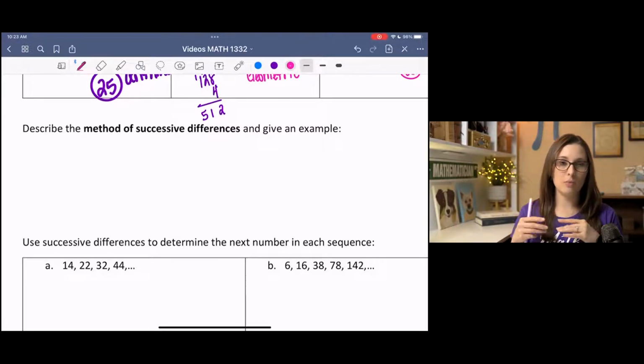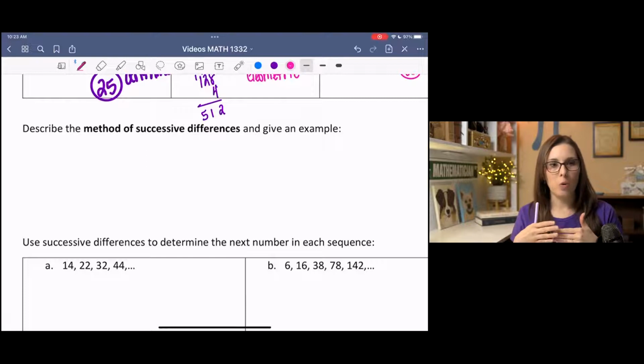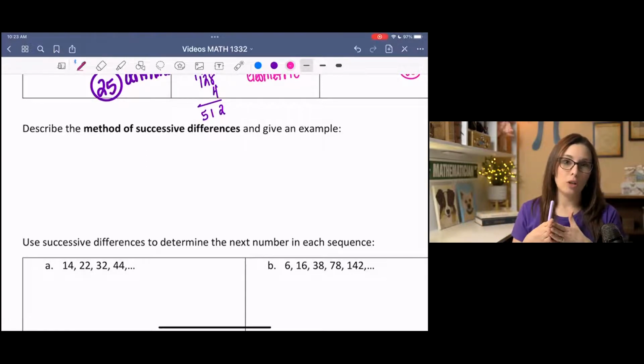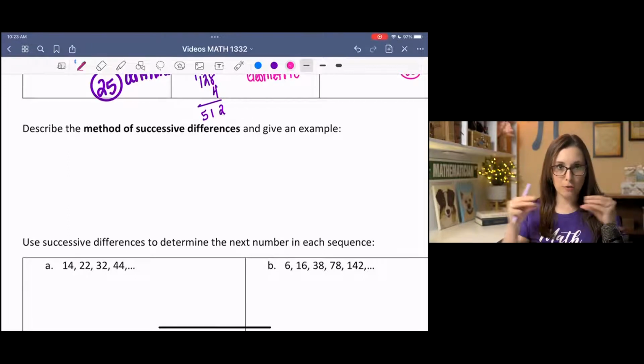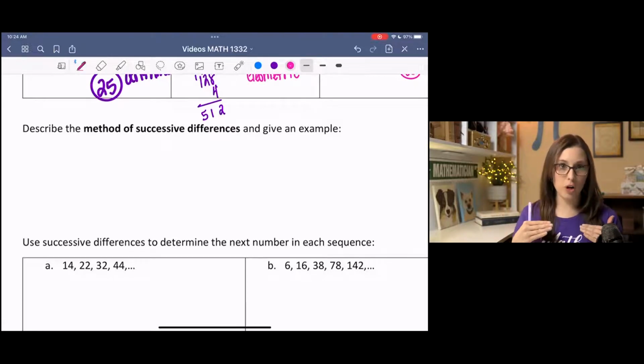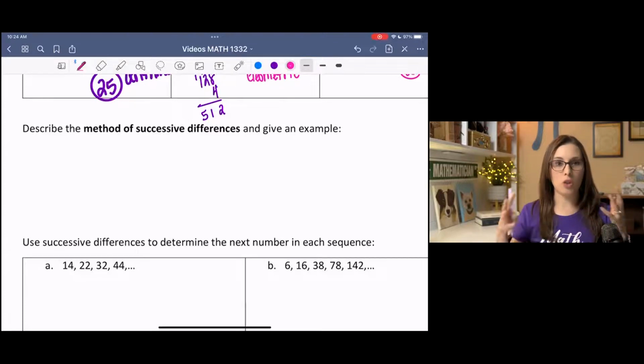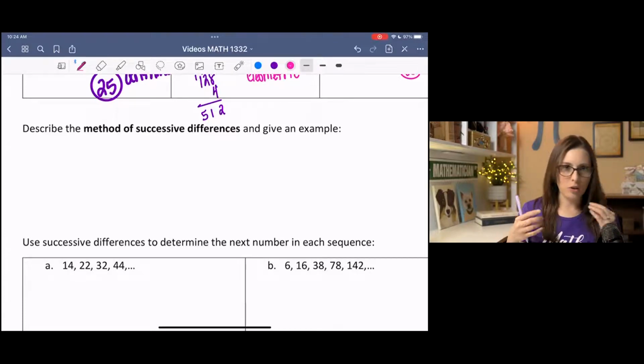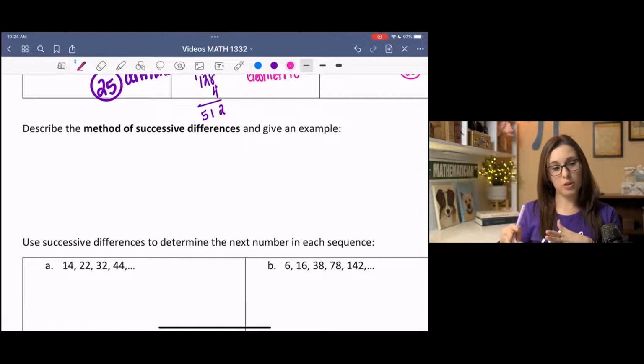So we can use the method of successive differences to find that. And basically that leads into figuring out what type of function you're dealing with. So for example, if your common difference is in the first line, that's a linear function. If you have to go one more step, that's a quadratic function. If you have to go a third step, that's a cubic function, and so on. So that goes into algebra a little bit. You don't have to necessarily know that for this course, but I'm just trying to let you know where it's leading.